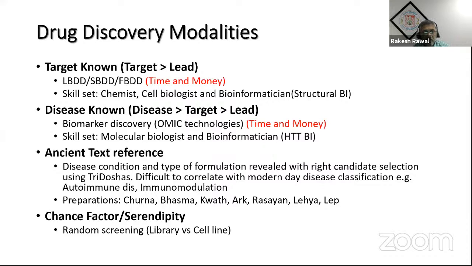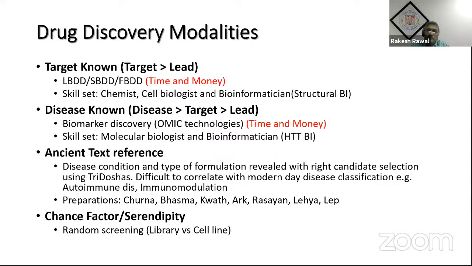If the target is known, then there are ways like ligand-based drug discovery, structure-based drug discovery, or fragment-based drug discovery, where people reach a lead compound, right? Say you have a 1 million compound library, and your target is known, that I want to hit the spike protein, and the spike protein has a 3D structure like this, with a cleft which is the binding site or active site.